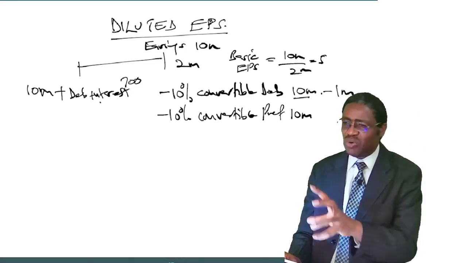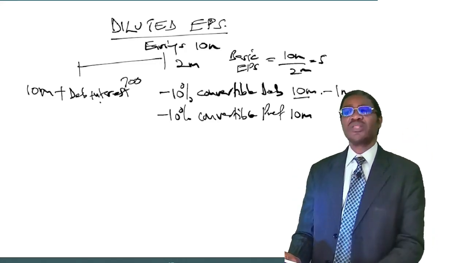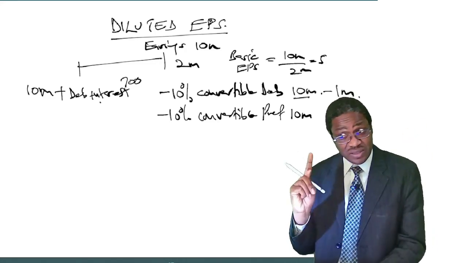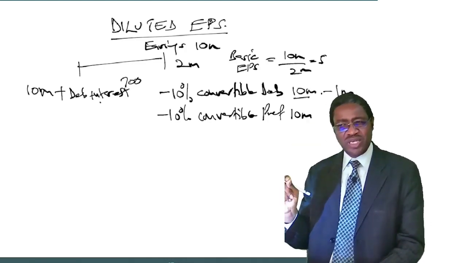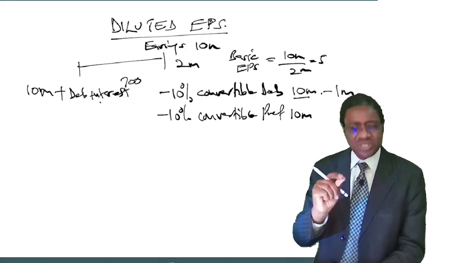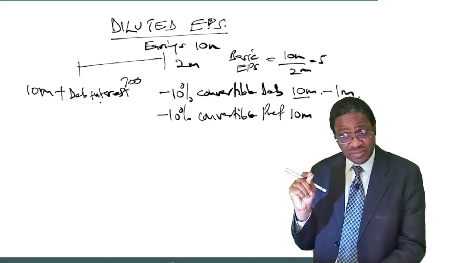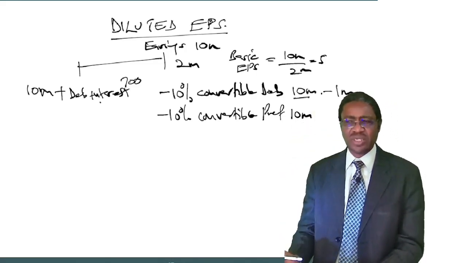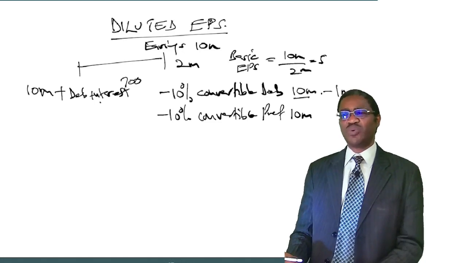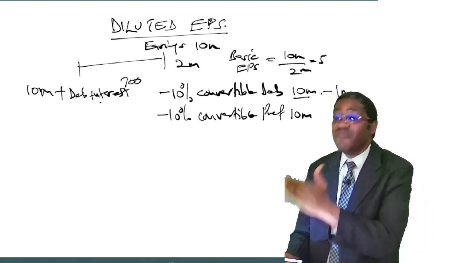Had the preference shareholders converted their preference shares into ordinary shares the moment we issued the preference, as a company, we would have saved what? We would not have paid them dividend.